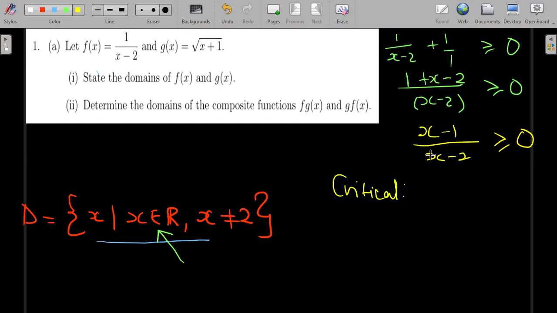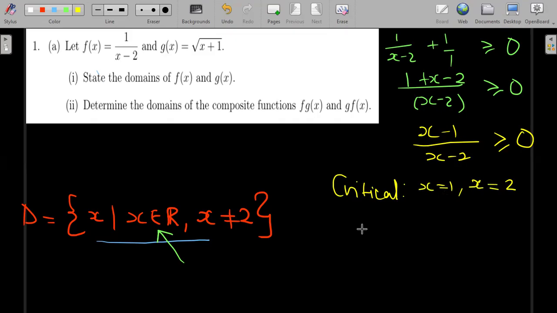We get them by equating x minus 1 to 0 to find the value of x, and equating x minus 2 to 0 to find the value of x. If I equate x minus 1 to 0, I get x equals 1, and when I equate x minus 2 to 0, I get x equals 2. So these are the critical values.